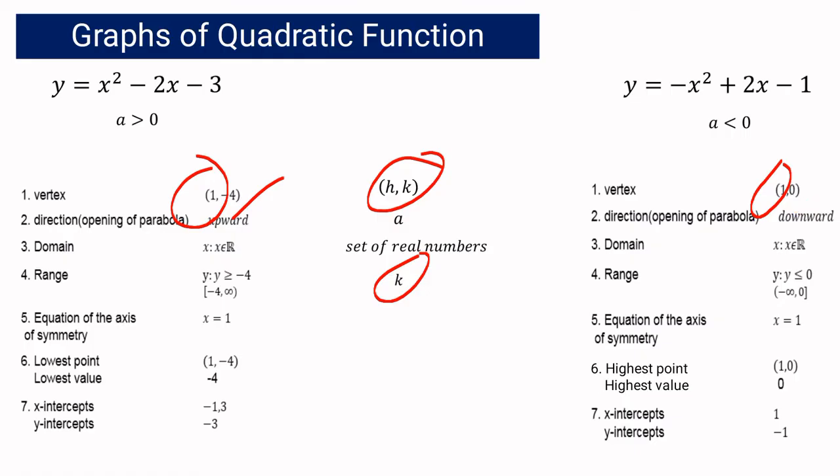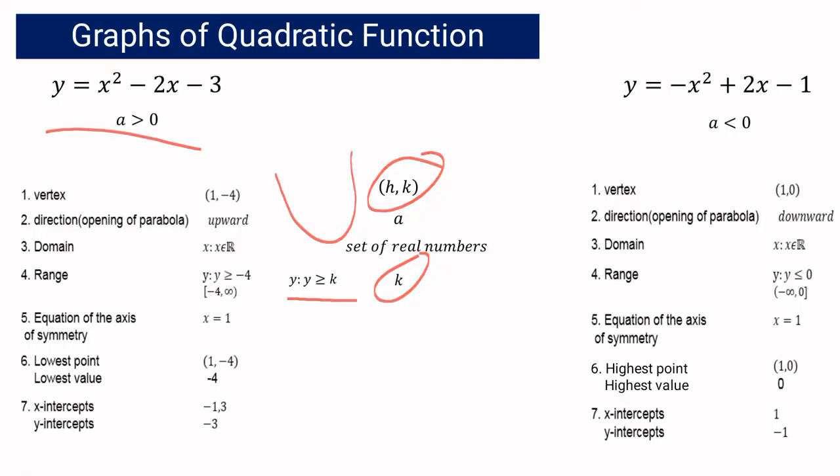The only difference is that if a is greater than 0, then the range is y such that y is greater than or equal to the value of k. Because it opens upward, so meaning to say, from k up to the numbers greater than k.